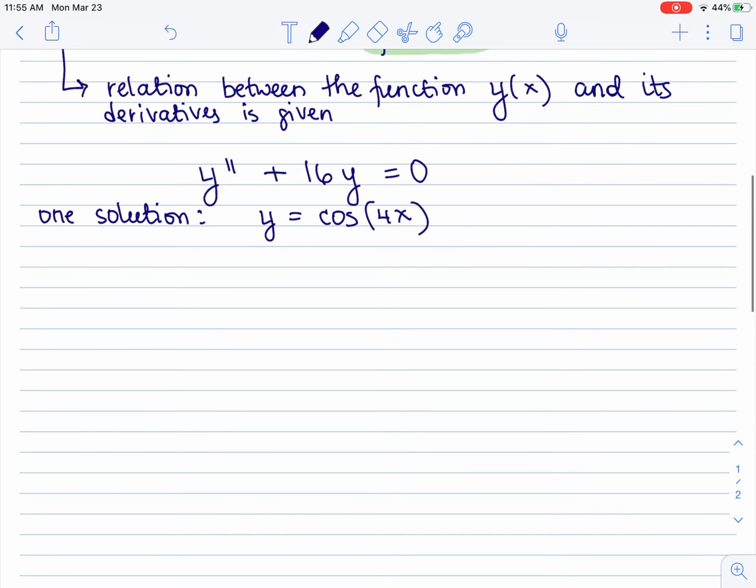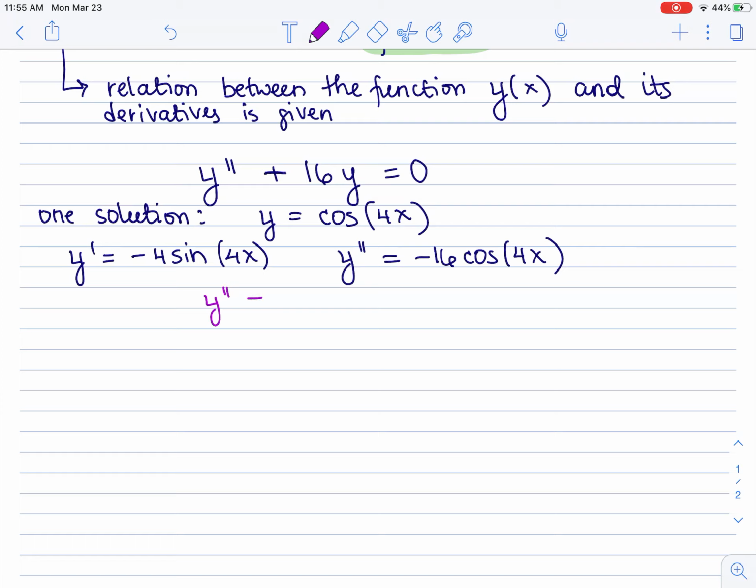Okay, let's just go ahead and check it. So y prime is negative 4 sine of 4x, and then y double prime is negative 16 cosine of 4x. Now if I do y double prime plus 16y, what do I get?